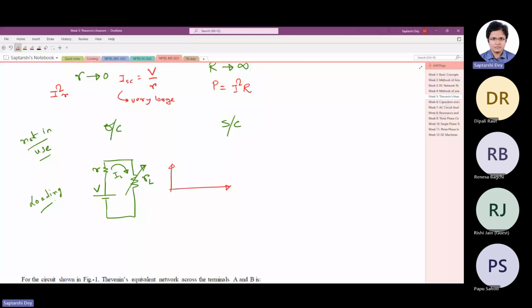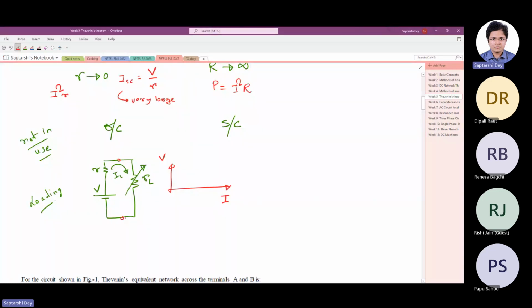Say you are doing an experiment. In the experiment you are varying R and you are changing I. So I should be on the x-axis, V should be on the y-axis. For a given value of I, you are getting the load voltage.